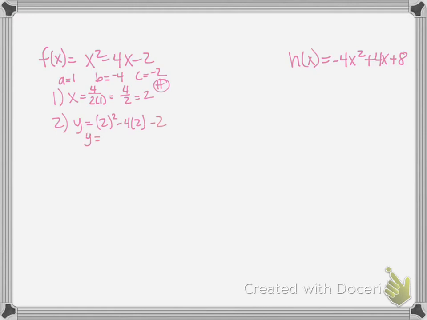When I type that full thing into my calculator, I get negative 6, which represents my k. So y equals, we've got a 1 in front here, so 1 times x minus 2 squared minus 6.